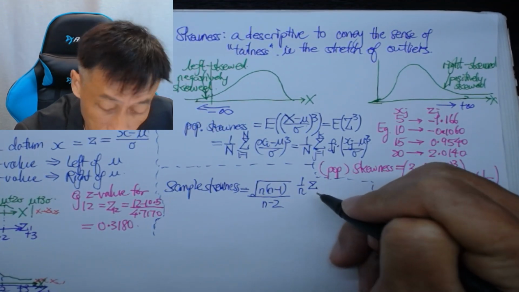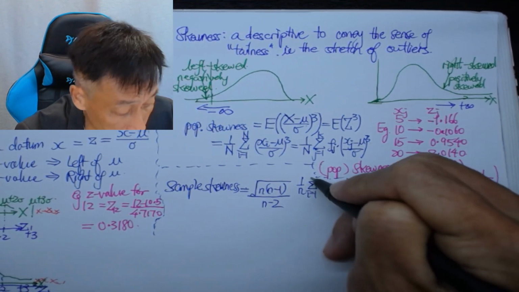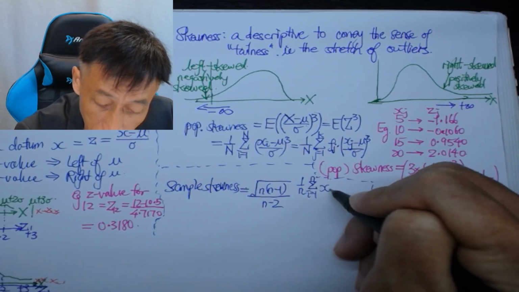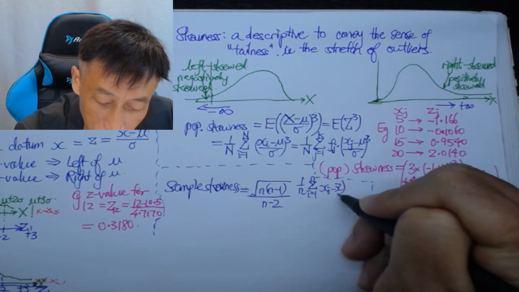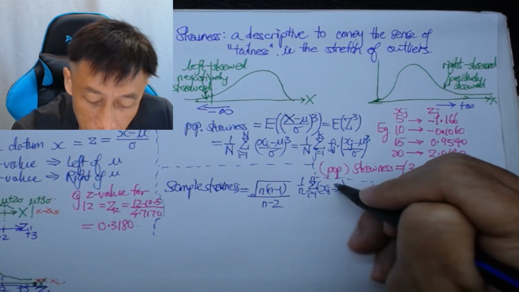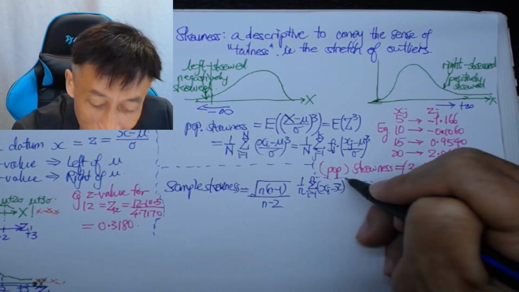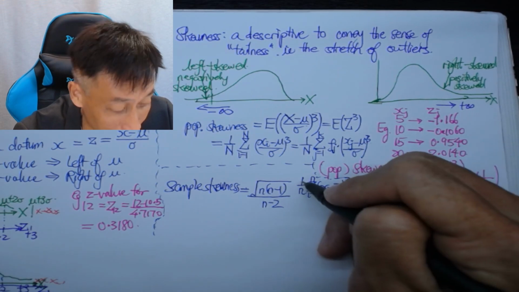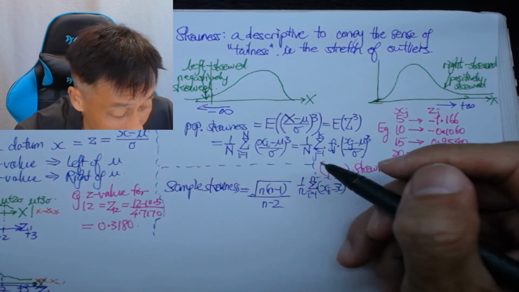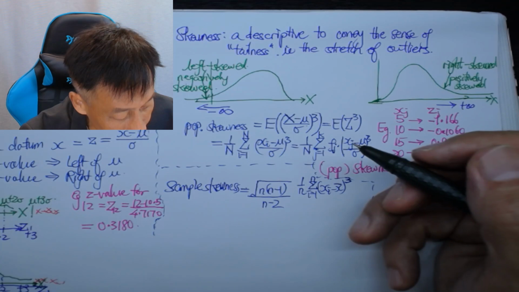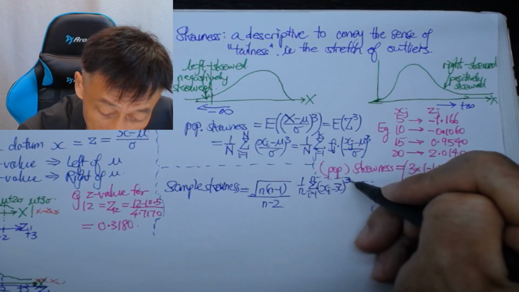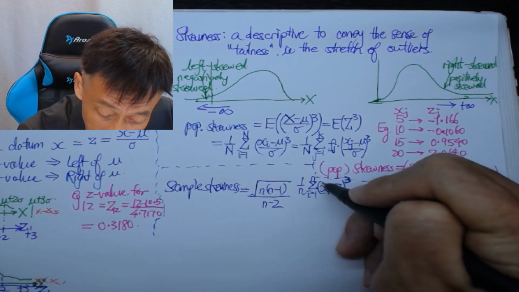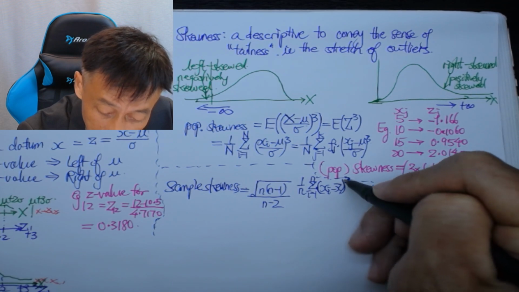Summation of i equals 1 to n, xi minus x bar. So it does look familiar, right? Because it is the difference from the sample mean, but not surprisingly, we raise to the power of 3 for the whole thing. So this is the difference from the sample mean, and then raise to the power of 3.